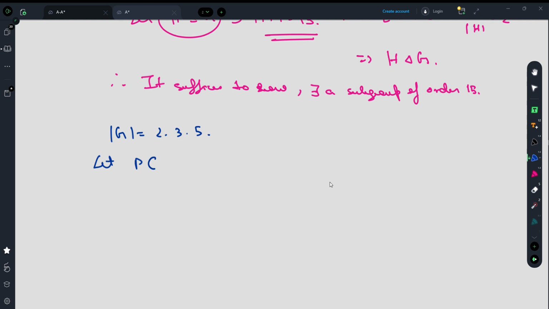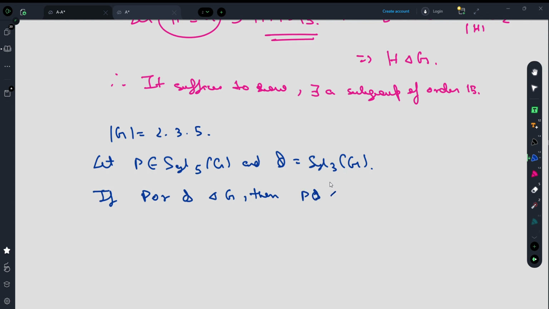Clear? Now see, the order of G is 30, so it's 2 times 3 times 5. Let P be a Sylow 5 subgroup and Q be a Sylow 3 subgroup.